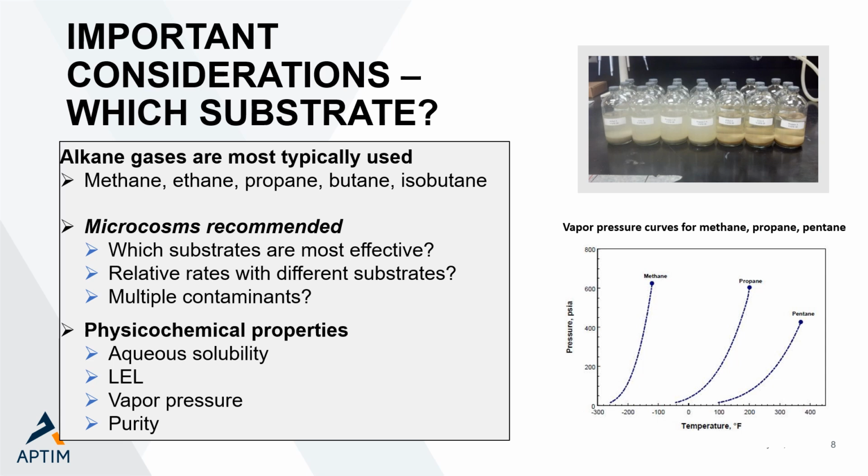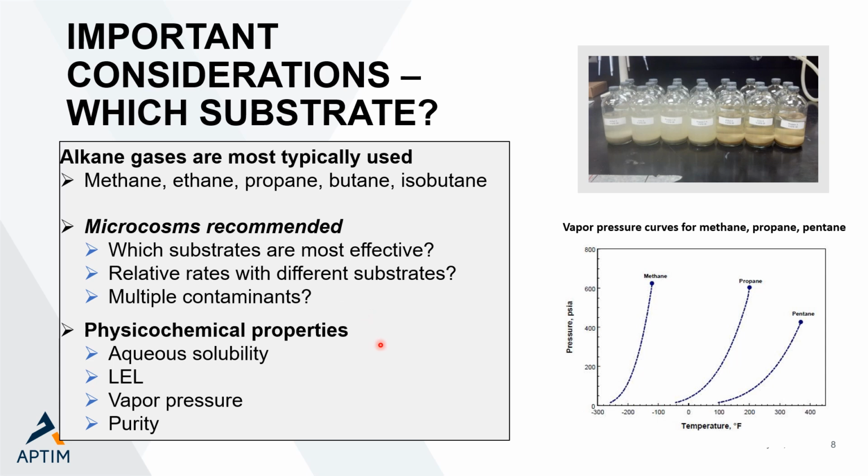So it's very good to run a microcosm study, take a look at which substrates are most effective, and what the relative rates are. If you have multiple contaminants, sometimes one substrate will allow you to biodegrade all of those contaminants. And there are cases where you can use multiple substrates. You could use methane, for instance, to stimulate the degradation of TCE, and then ethane for 1,4-dioxane or something like that.